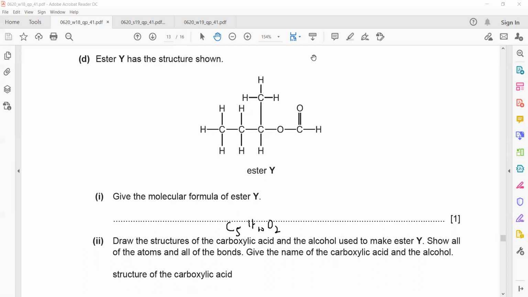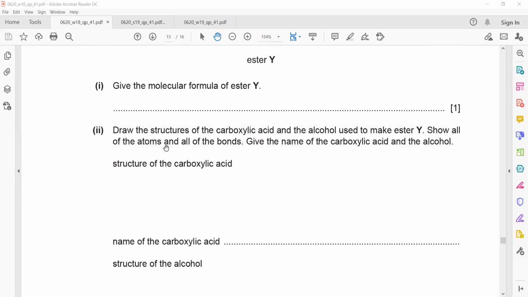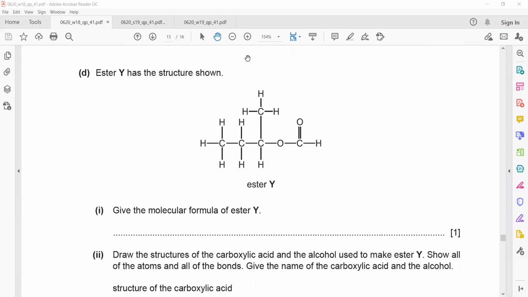Then draw the structure of the carboxylic acid. Look, from an ester, if you want to work out the structure of the carboxylic acid and alcohol, just break the molecule where it is attached with oxygen.